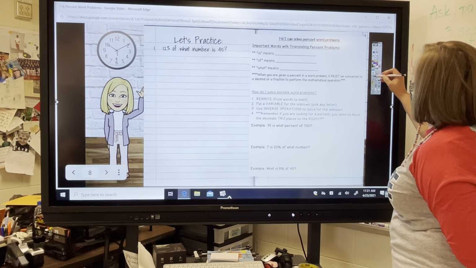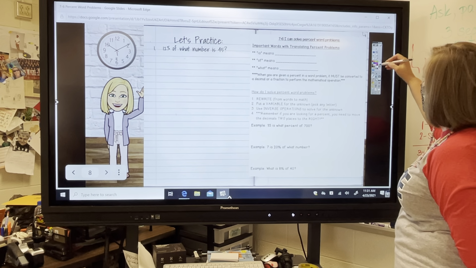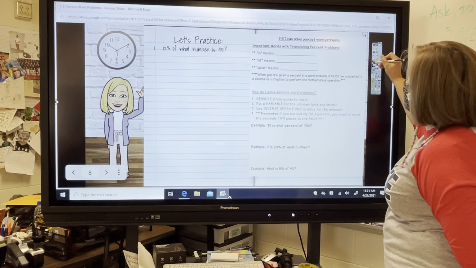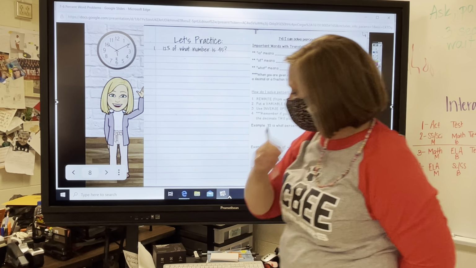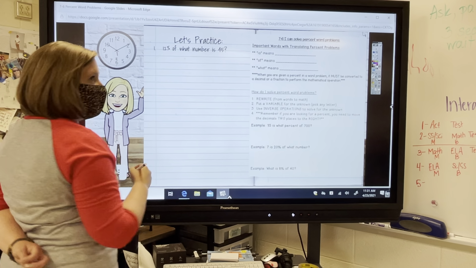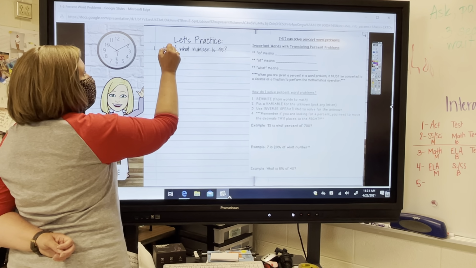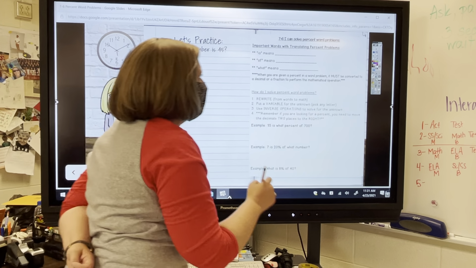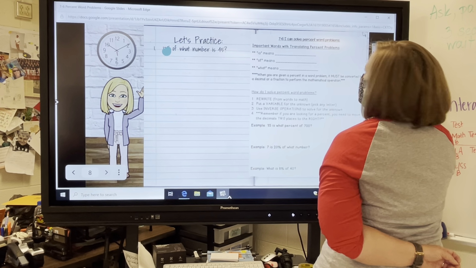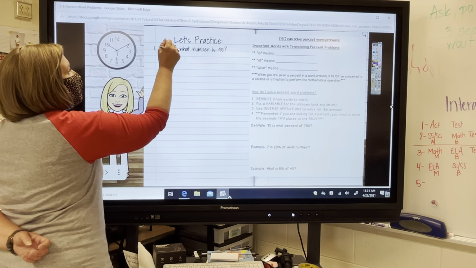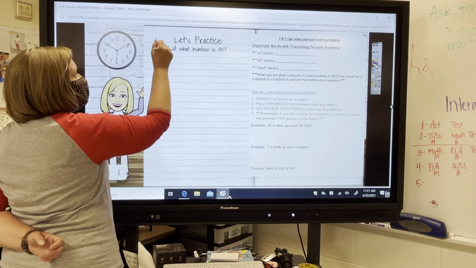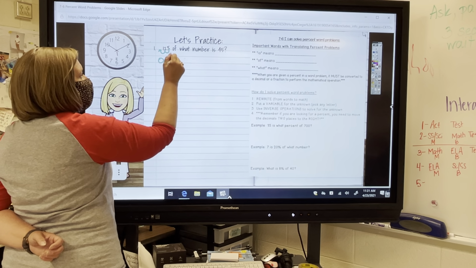Let's look on the left. The first one is 12% of what number is 45? So what do we have to do with 12%? Make it 0.12. Jenna says let's make it a decimal. I'm going to move it 2 places to the left, so I have 12 hundredths.